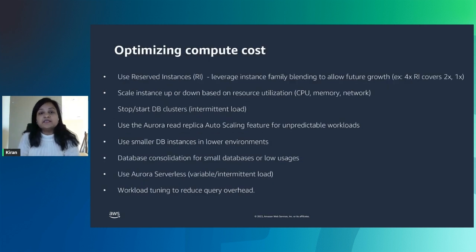So what are the ways that we can optimize the instance compute cost? If you are using the default on-demand instance classes, moving from on-demand to reserved instances can provide a significant cost saving.